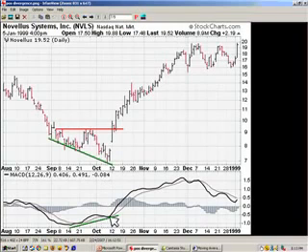This is an example of where that final MACD crossover over the signal line confirms the divergence. So it's not so much the signal line being crossed here that is the signal, but the signal line being crossed is the confirmation that a divergence has occurred.